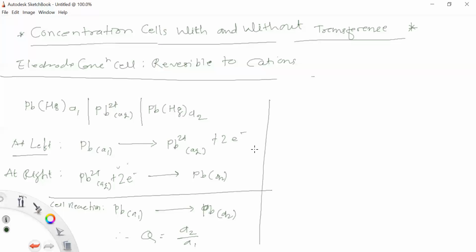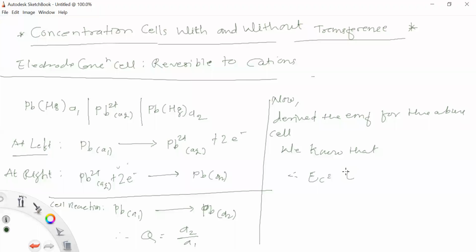Okay, so now derive the EMF equation for the above cell. For this, if we want to derive the EMF equation, we know that EC is equal to ER minus EL.